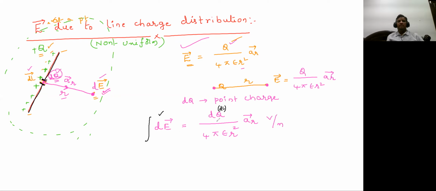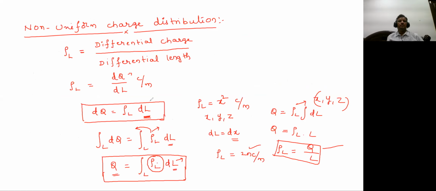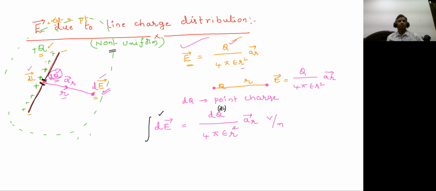So we have to observe that there will be some expression for dq which we have seen earlier, and that is dq is equal to rho l dl. I said this entire derivation we are doing is for non-uniform distribution of charge. As this is non-uniform distribution of charge, dq we can take here as rho l into dl.